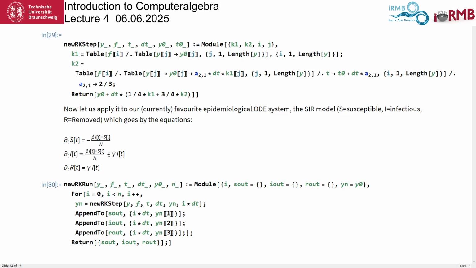And then there is a removal, because people being infected can be removed from being infected by either dying or by getting well again. So this is this gamma, which is only dependent on the number of infected people, and this will add to the removed.